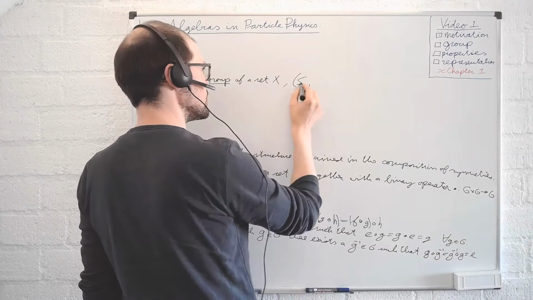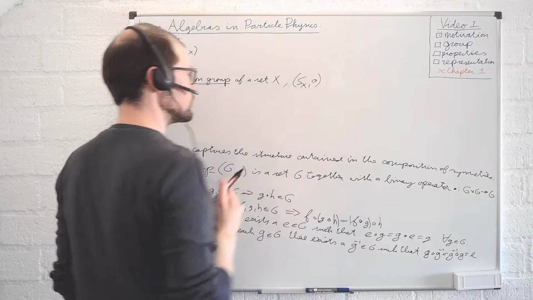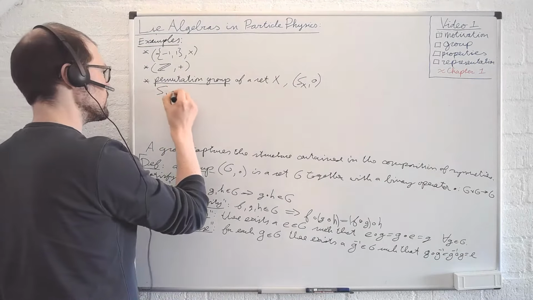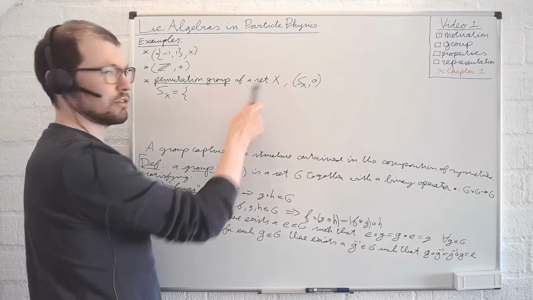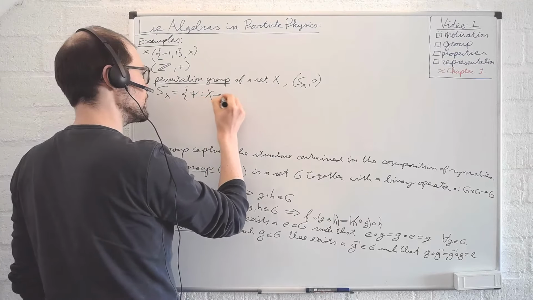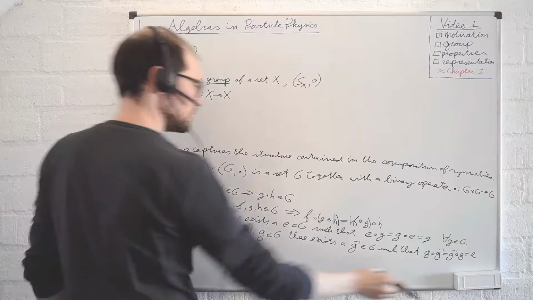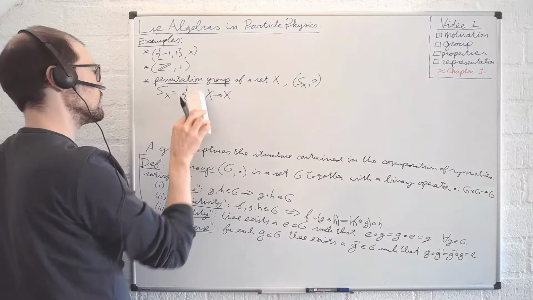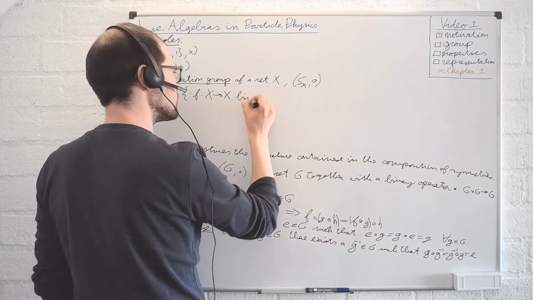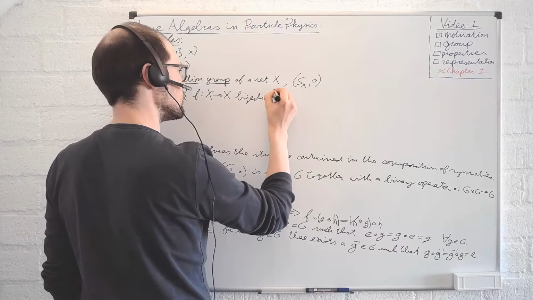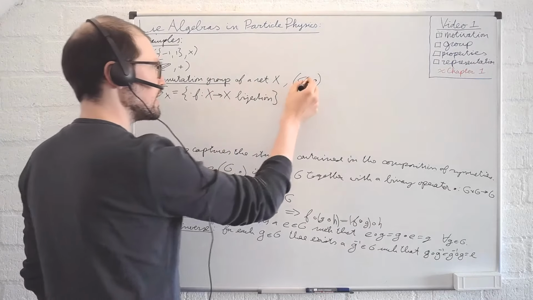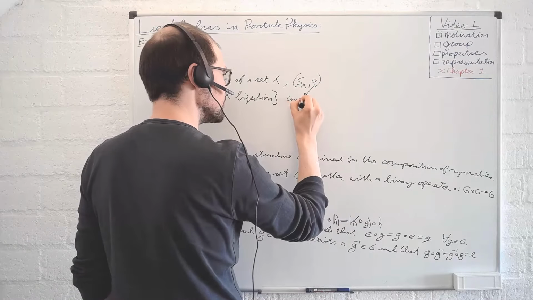Let's denote it S sub X, with a circle for the composition law, where S sub X is the set of bijections from X to itself. So this is a set of bijections f from X to X, and the operation is just composition of these functions.